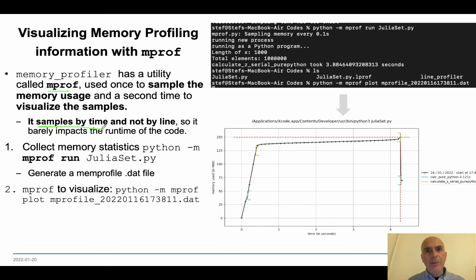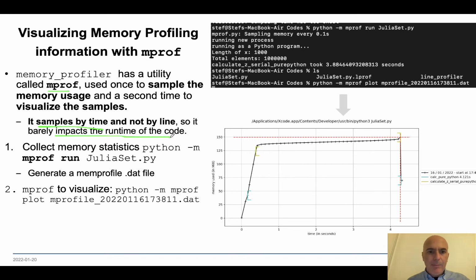So we lose the information about the line, but we have accurate information about what happens during the time. For this reason, mprof is way lighter in terms of computational cost than the memory profiler we saw in the previous slides. So it barely impacts the runtime of the code.